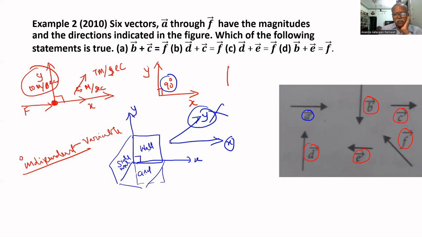The side wall and ground meeting is the z-axis. If you see x and z, 90 degrees; y and x, 90 degrees; y and z, 90 degrees. That's why they are called axes. Otherwise, you cannot call them axes.